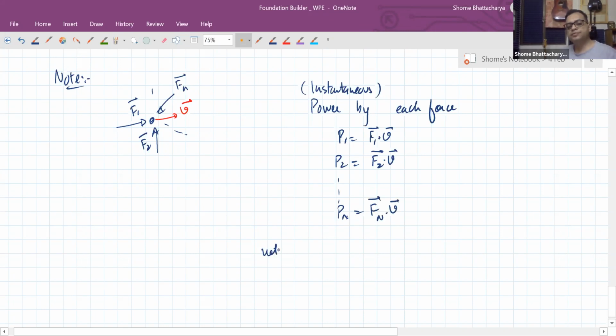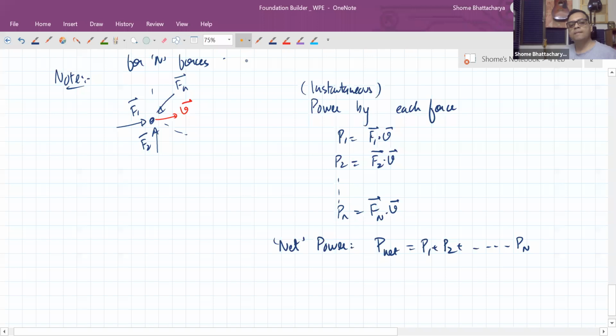So the net power is the summation of the power delivered by n forces. The net power becomes this.